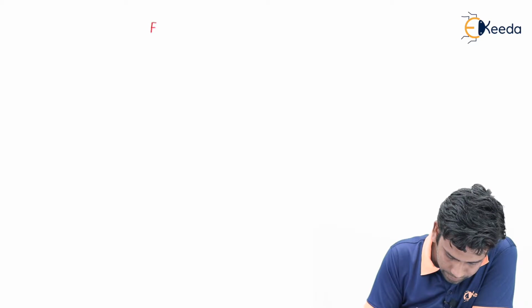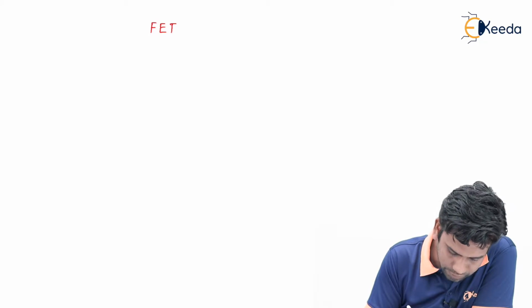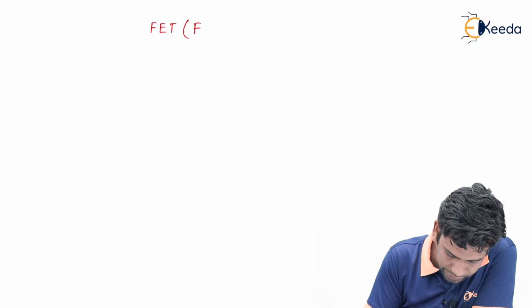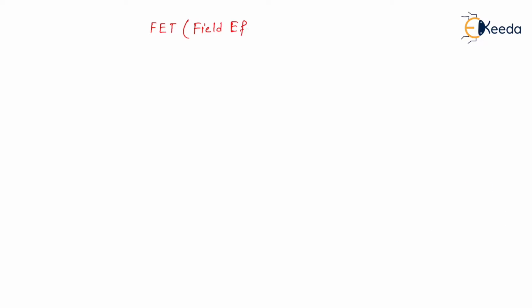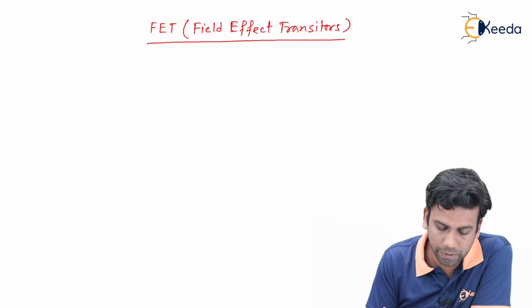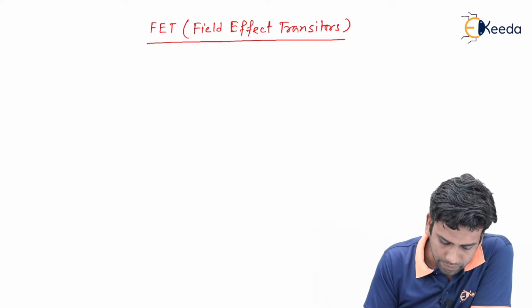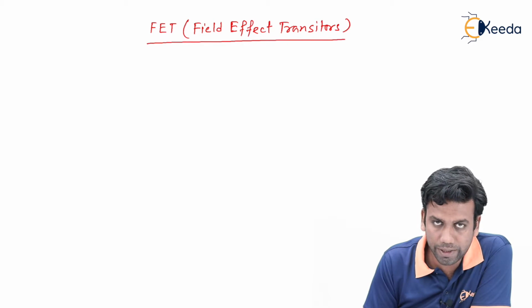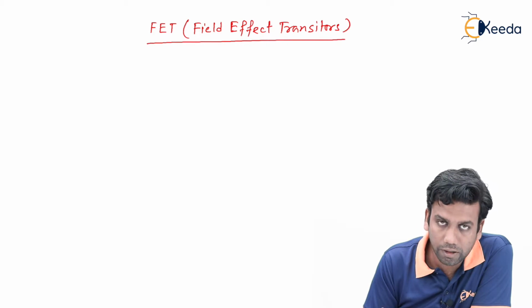As we know, FET is known as field effect transistor. The name field effect comes from the fact that the characteristics of these devices are controlled by the voltages or fields.